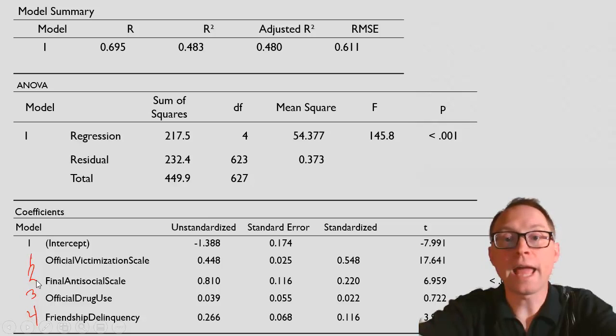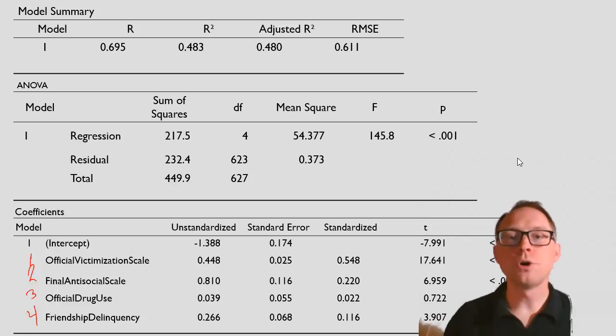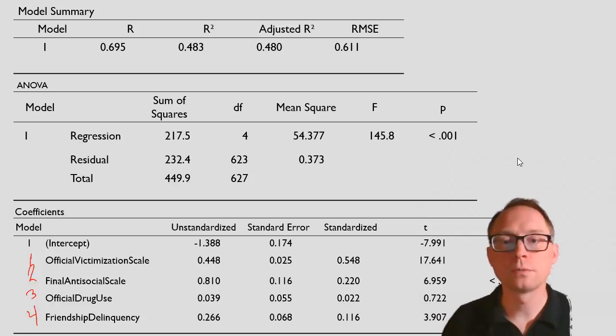The effect of antisocial behavior, that's the antisocial scale that you see right there. The effect of drug use on bullying behavior, that's the official drug use that you see. And then friendship delinquency, that's how delinquent your friends are and whether or not how delinquent your friends are contributes to bullying behavior. Do those 4 predictors significantly predict bullying behavior?